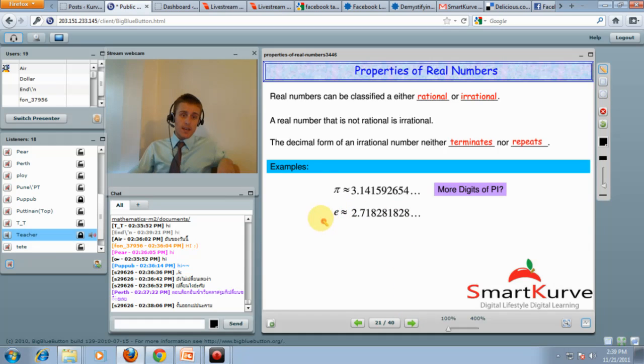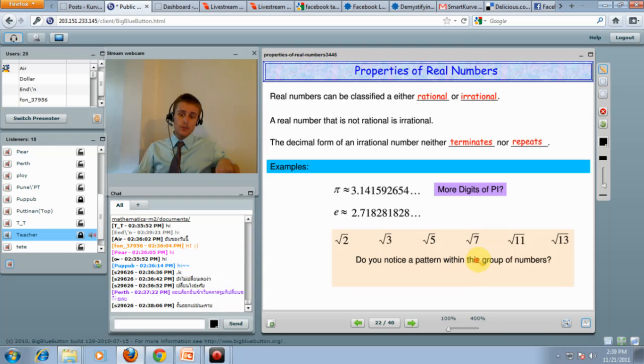E, the exponent, is also an irrational number. It continues on. It does not stop. It neither terminates nor repeats. So an irrational number continues.